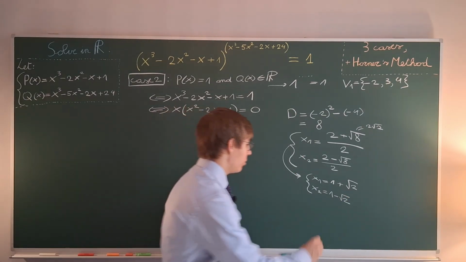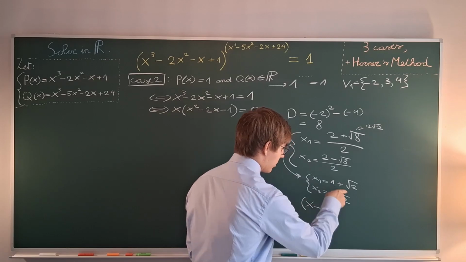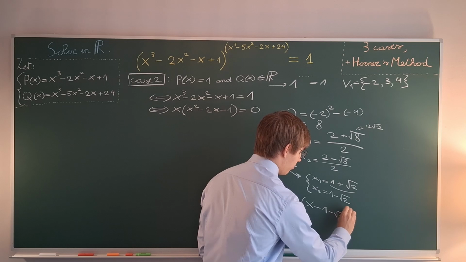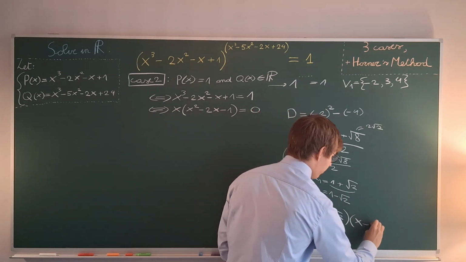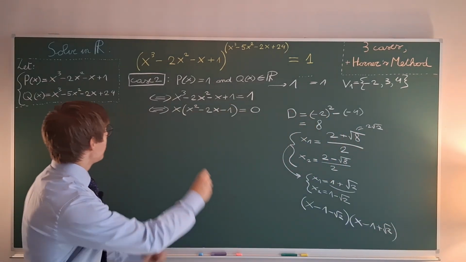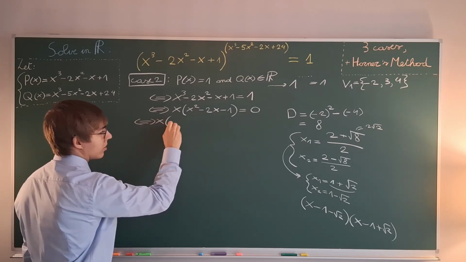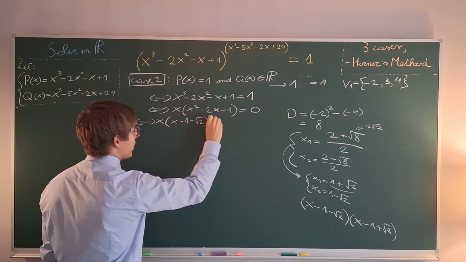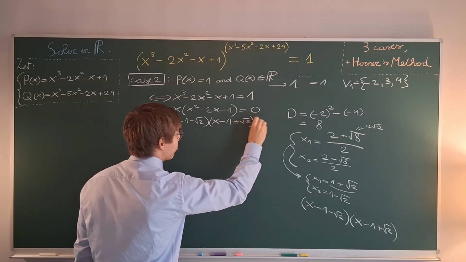So we can factorize the polynomial as x minus the first root, which is 1 minus root 2, times x minus the second root, which is 1 plus root 2. So this is equivalent to x times (x minus 1 minus root 2) times (x minus 1 plus root 2) is equal to 0.